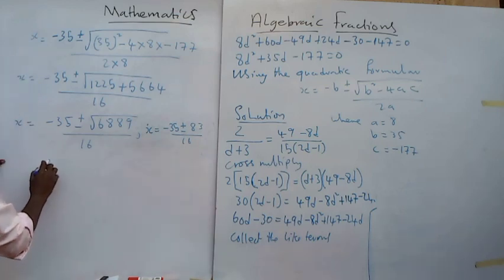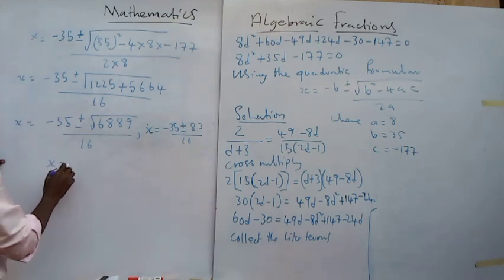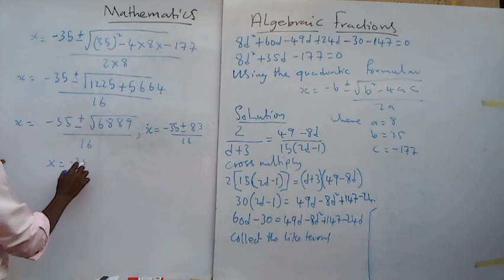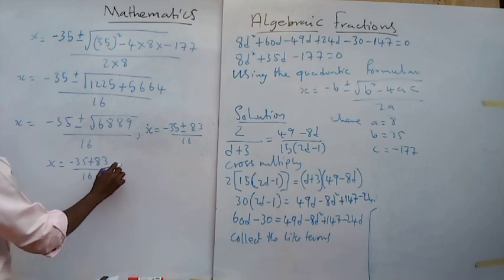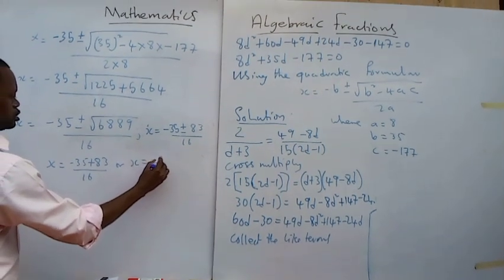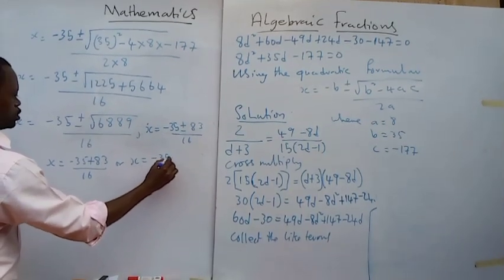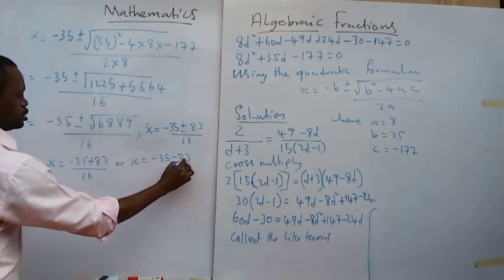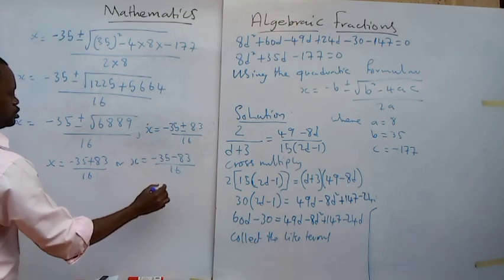So we are going to have x equal to either minus 35 plus 83 over 16, or x equal to minus 35 minus 83 over 16.